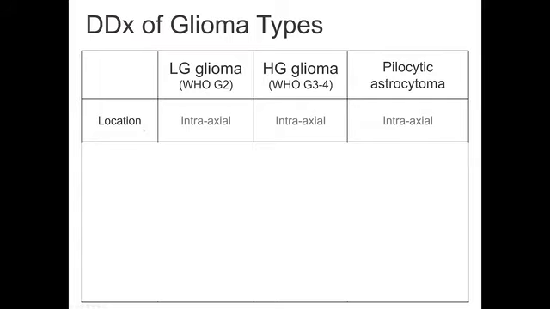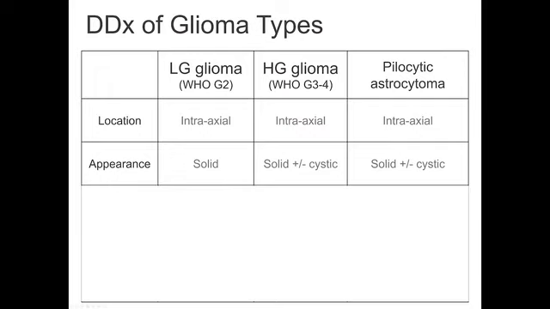And location-wise, all of them are intraaxial tumors, so location is not very helpful. How about the appearance? The low-grade tumor usually appears as a solid tumor, and the high-grade tumor appears as a complex solid and cystic tumor. And pilocytic also could appear as a solid and cystic tumor.